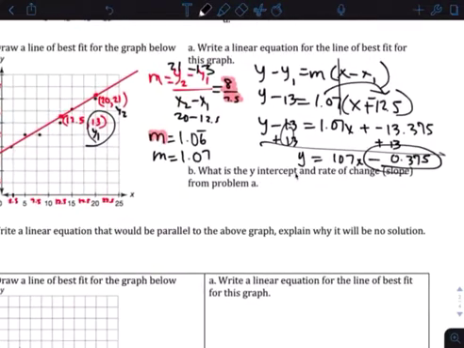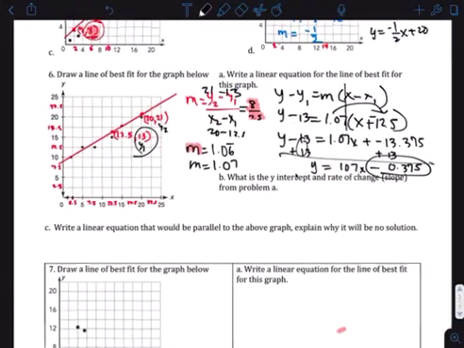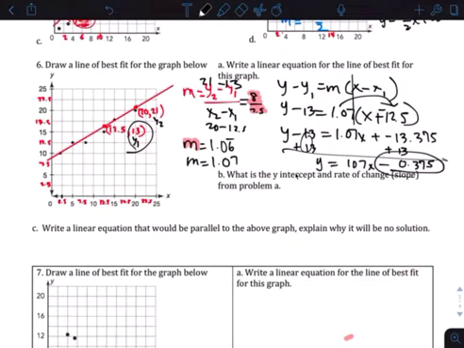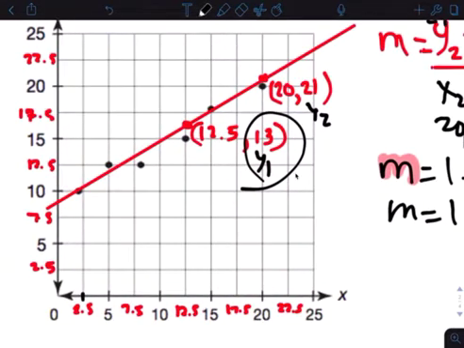I did something wrong. Oh, this is what's wrong. This is not 13. This is 17. 13 is down here.